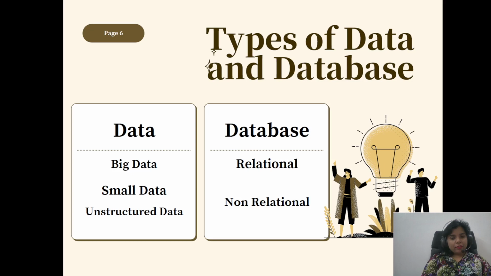Then, about the types of data and database. Data, as we saw in the previous example, we mean as small data, the data that resides in a table or a relation. We usually call it small data. There are certain enterprises and organizations like Facebook and Amazon, which generate incredible volumes of data 24/7.